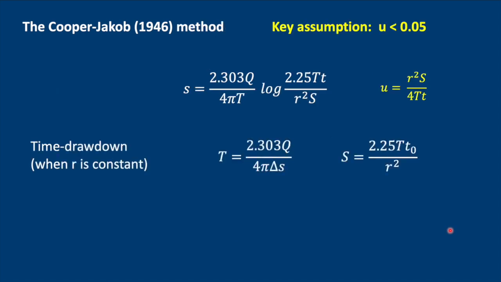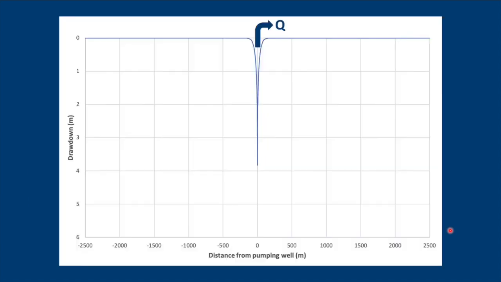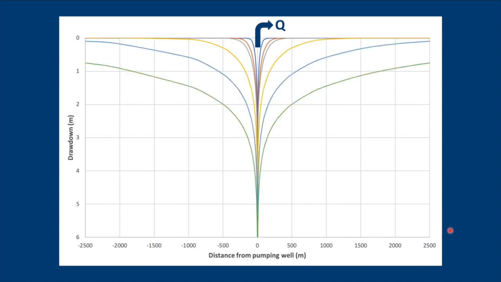Okay, so there are two methods for which we can use the Cooper-Jacob method. One is time-drawdown and one is distance-drawdown. Here we have a pumping well pumping at a rate Q, and you see that over time the cone of depression propagates both downwards and outwards.